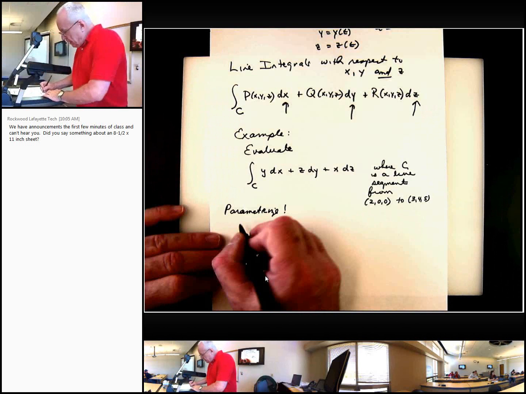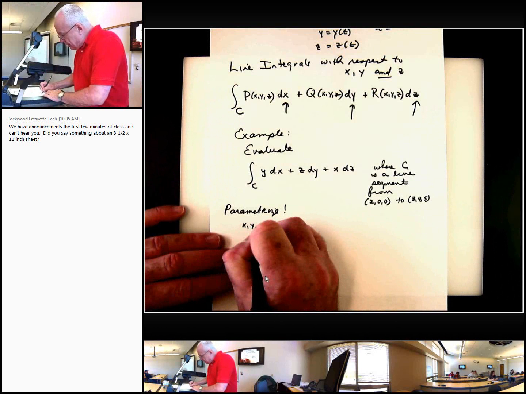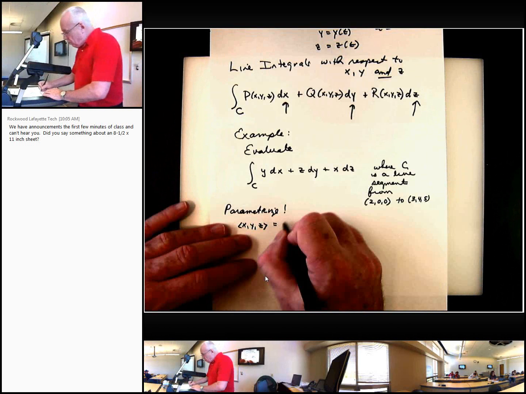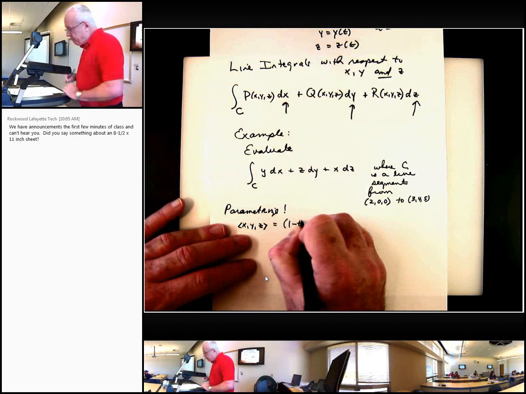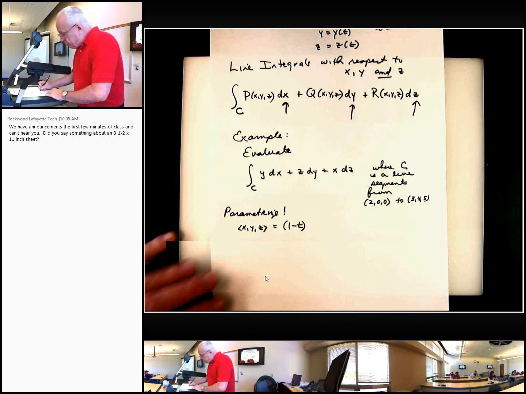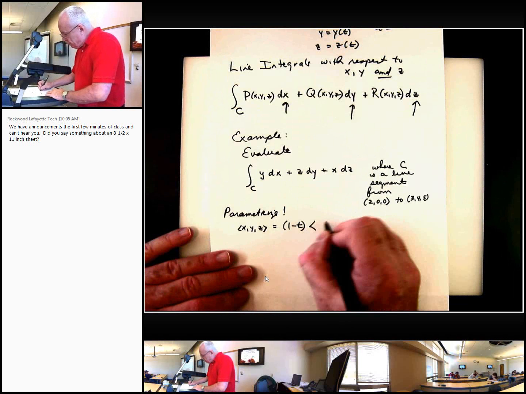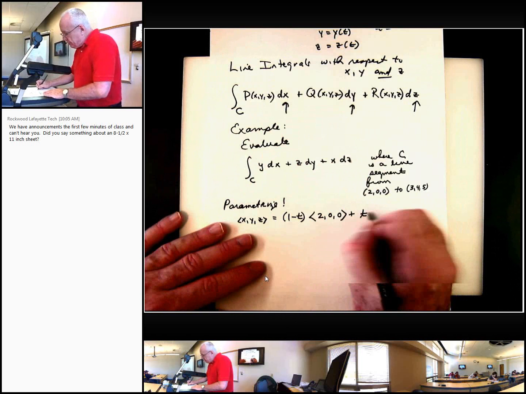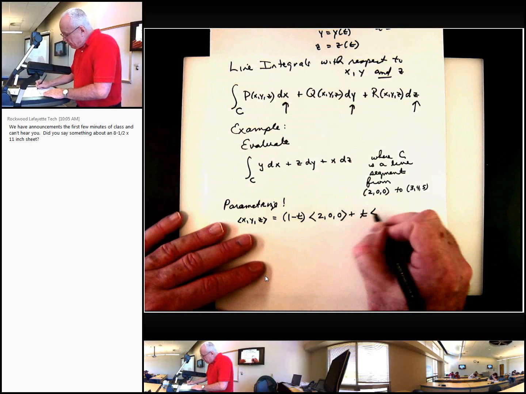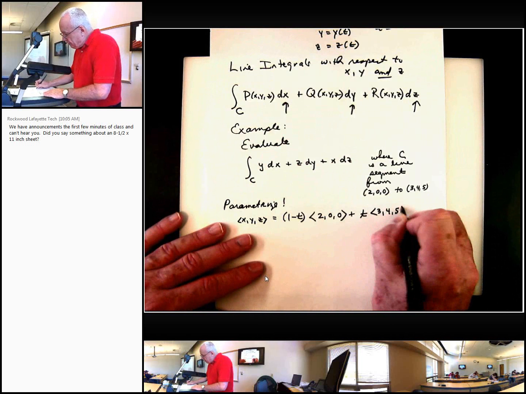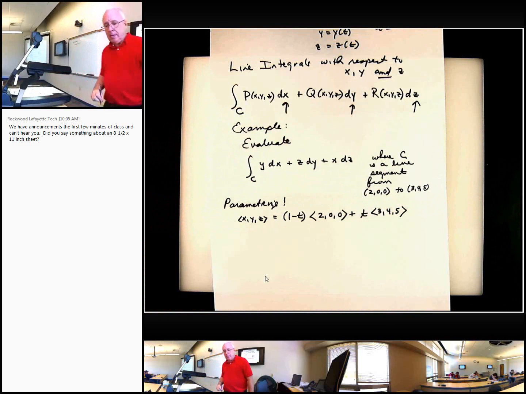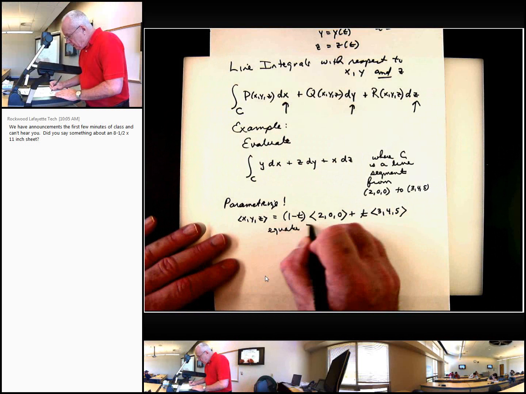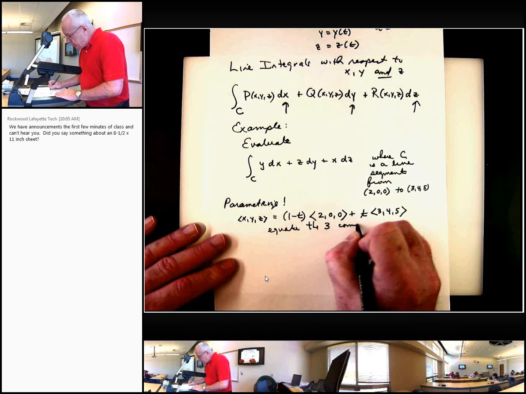So it's going to be x, y, z equals, now we start with 1 minus t, and now we put our initial vector, which is (2, 0, 0), and then plus t times our ending vector, (3, 4, 5). So we have three components, so we then equate the three components.